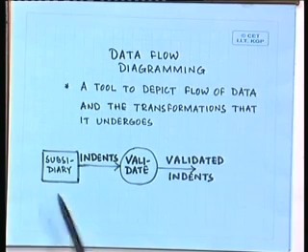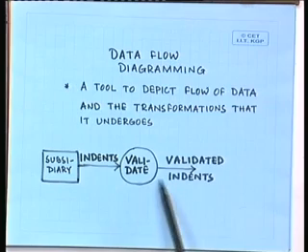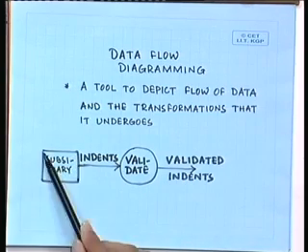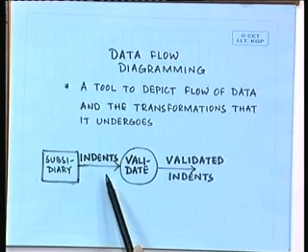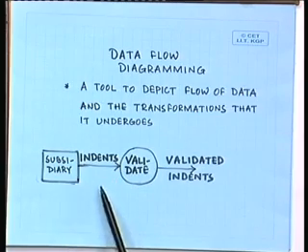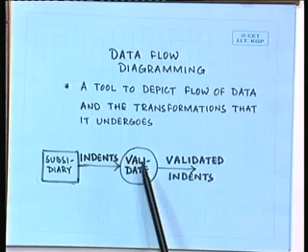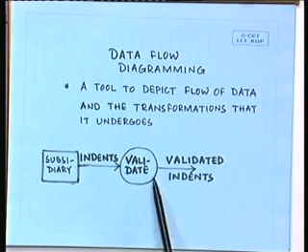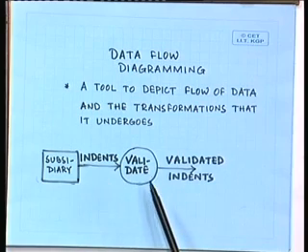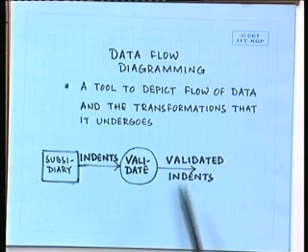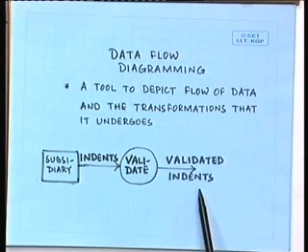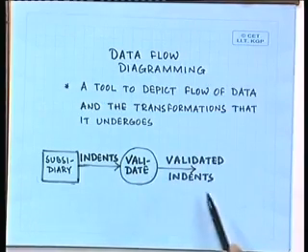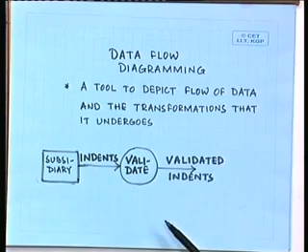We have the subsidiary, we have the indents, and we have, after validation, the validated indents. So, the entity is generating the data, that is our indent. This indent is coming to a process, that is validate, and the validation process is creating or transforming the indents to a new kind of thing called validated indents. All right. So, the data flow diagramming is a tool which helps us in generating these kind of transformations.